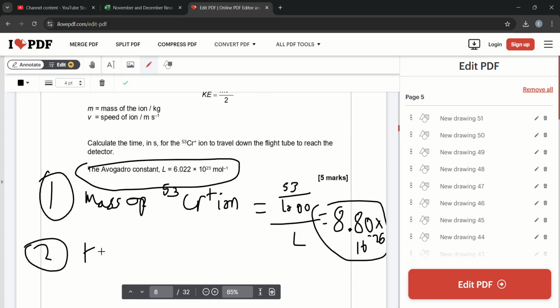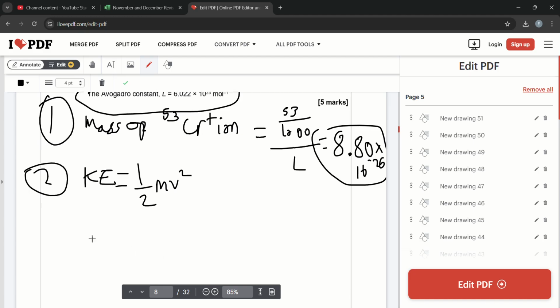We know KE is equal to a half mv squared. Therefore, v squared is equal to 2KE over m.